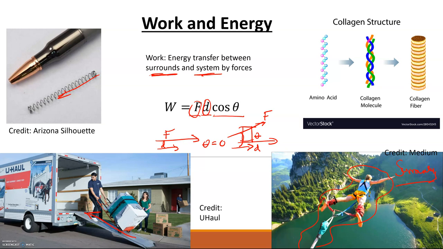And what do we accomplish by doing that? Well, we get our objects from some starting point up to a finish point. So we have to transfer energy into our object to change its position. That's just another example from everyday life.